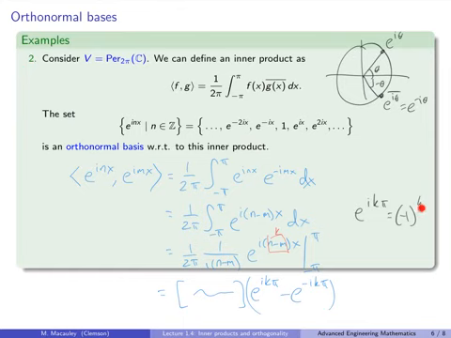Well, k and negative k have the same parity, so both this and that are negative 1 to the k, so this equals 0. And here, of course, I'm assuming that n and m are different. So we have just verified that any two of these functions are indeed orthogonal.